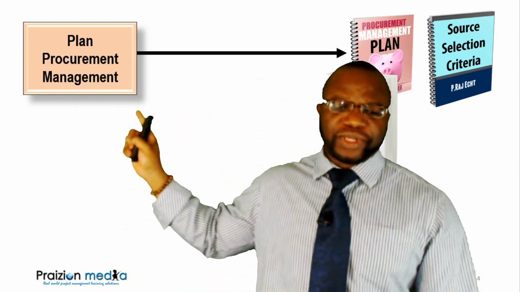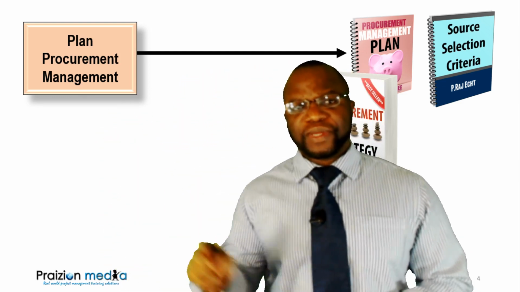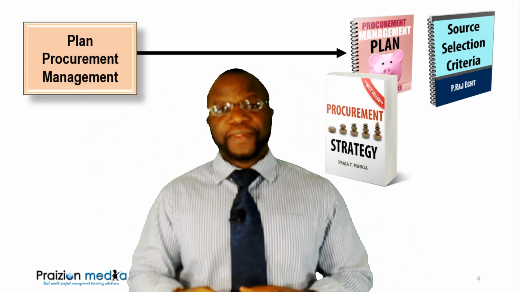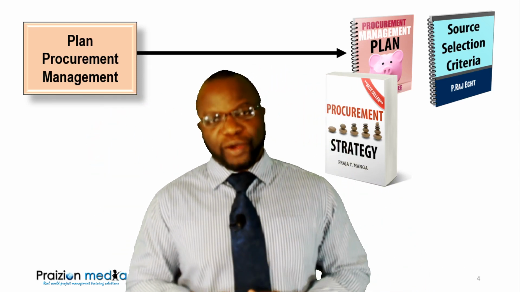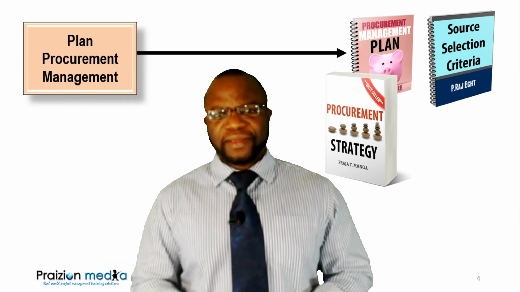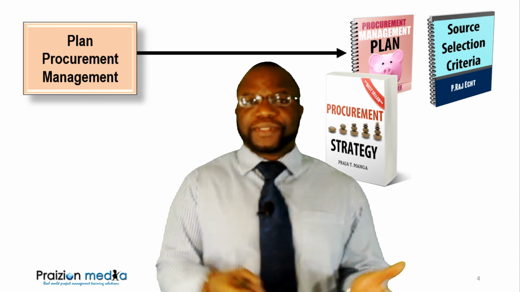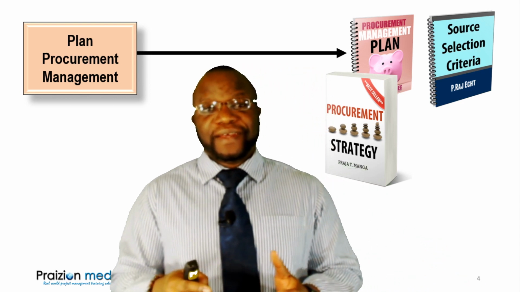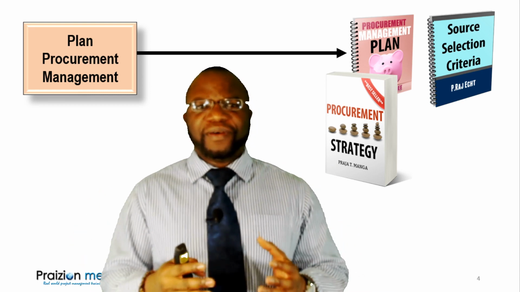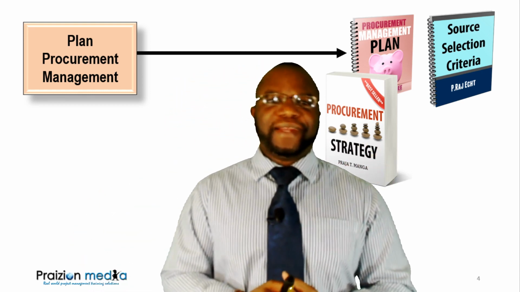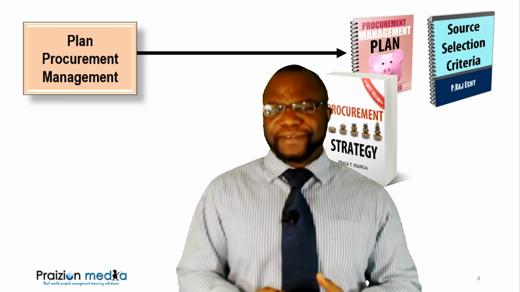Now, why did I choose this one? I chose this one because it's a bad boy. Why do I say it's bad? There are 7 unique outputs from plan procurement management. 7. Think about that. How does a student studying 49 processes spend so much time on just understanding the outputs without it hurting?